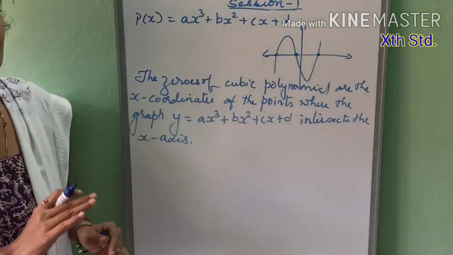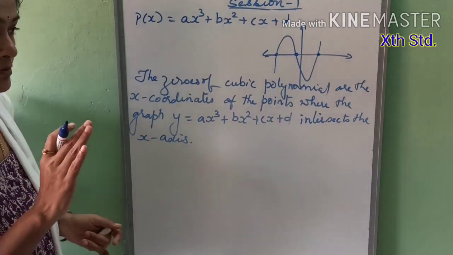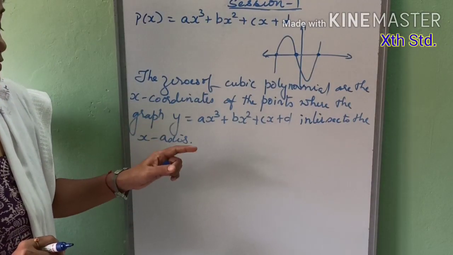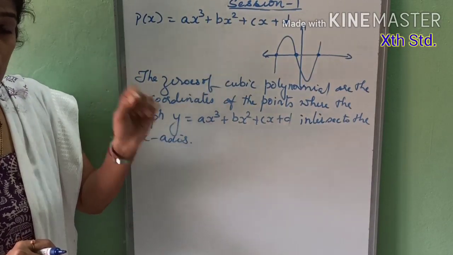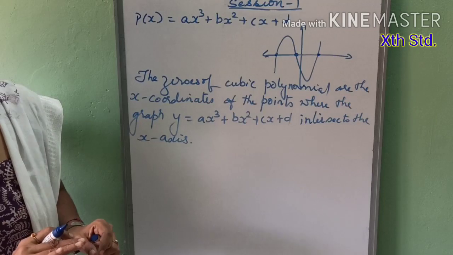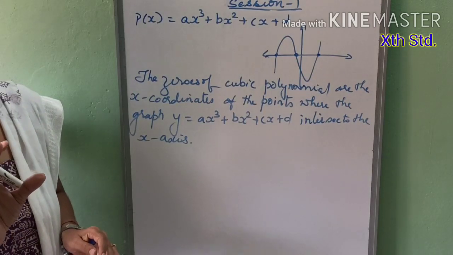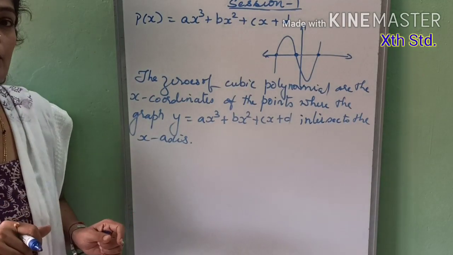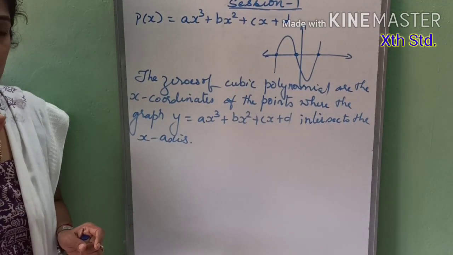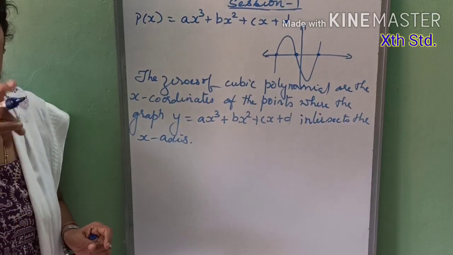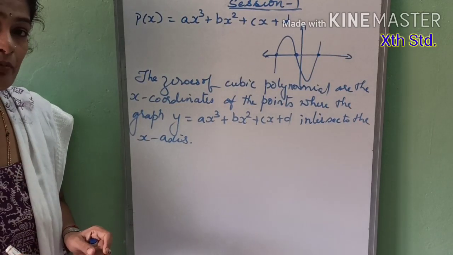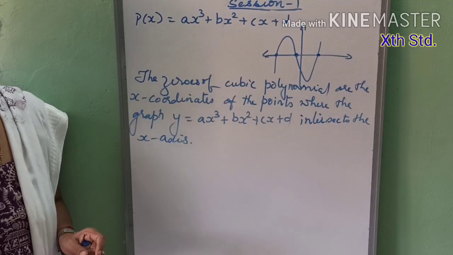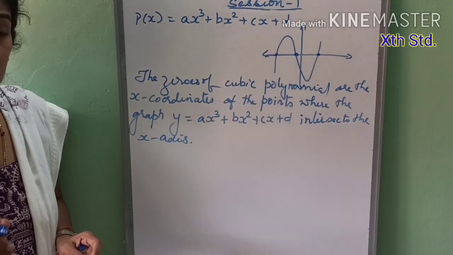In general, if there is a polynomial of degree n, then that polynomial can have at most n zeros. That is, maximum it can have n zeros. For example, for a linear polynomial, the maximum possible number of zeros is 1. For a quadratic polynomial, since the degree is 2, its maximum zeros will be 2 at the most.